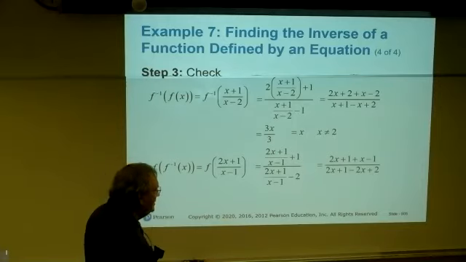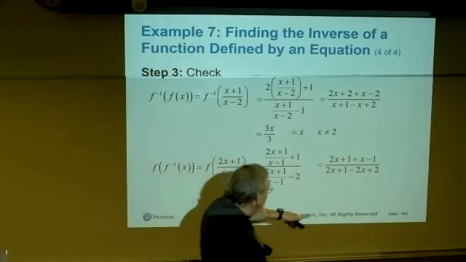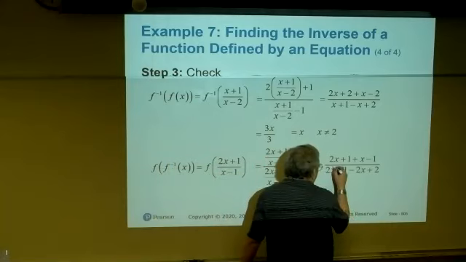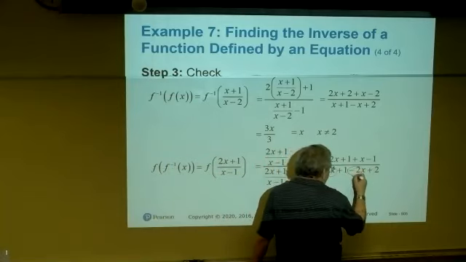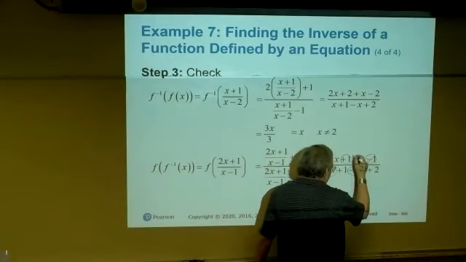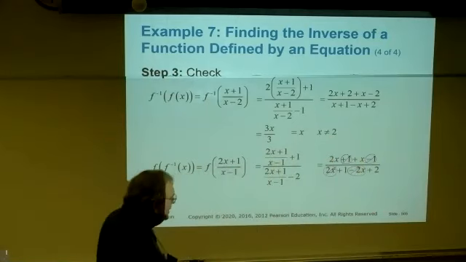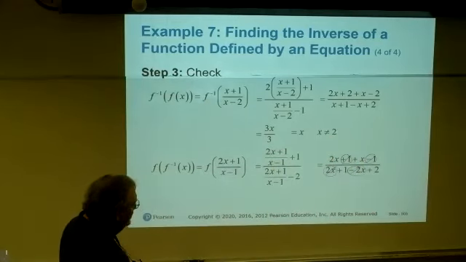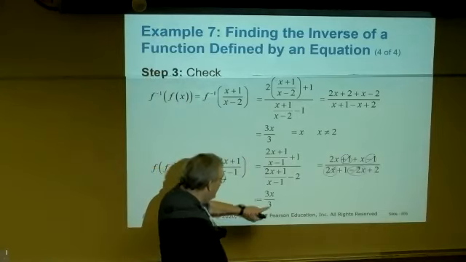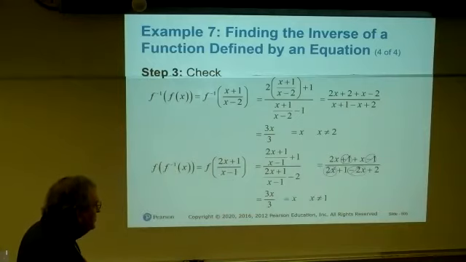So they did the same thing they did up there, they did down here. And notice in the denominator, we have a 2x and a minus 2x. And in the numerator, we have a plus 1 and a minus 1. Those go to 0. So my numerator is 3x. My denominator is 3. Look familiar? Okay. And so 3 over 3 is 1. So that just leaves us x.